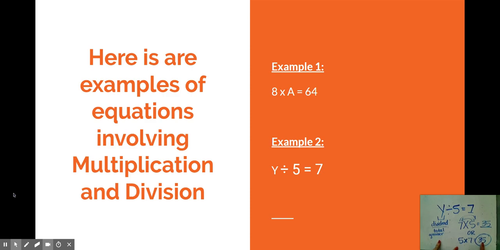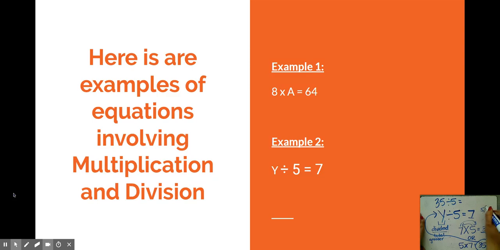So don't stop there. You need to plug it in. So 35 divided by 5. Well, see if it equals 7. If you are doing any type of long division for this problem, you shouldn't have to.